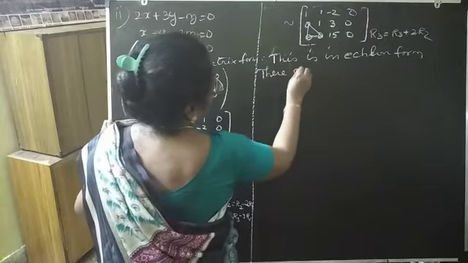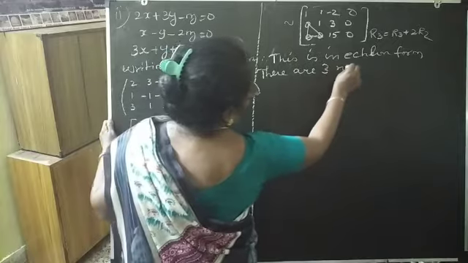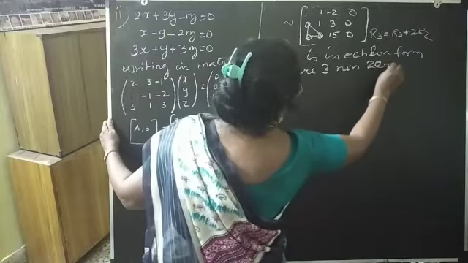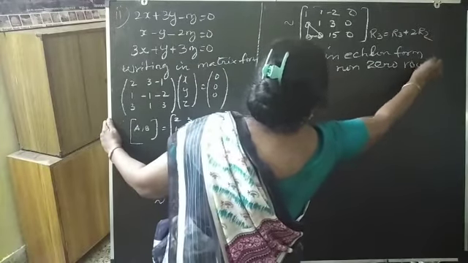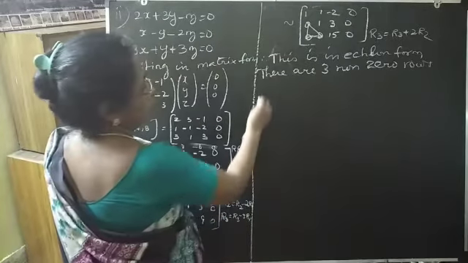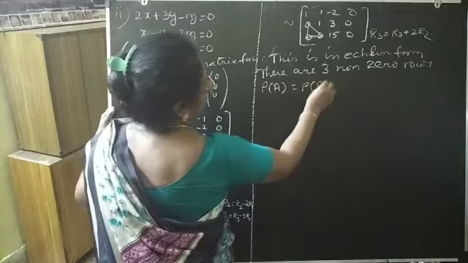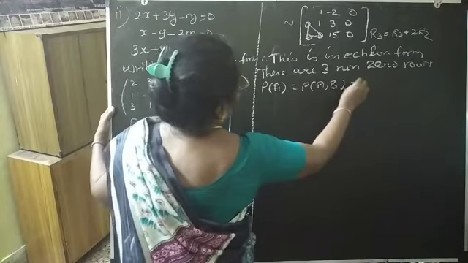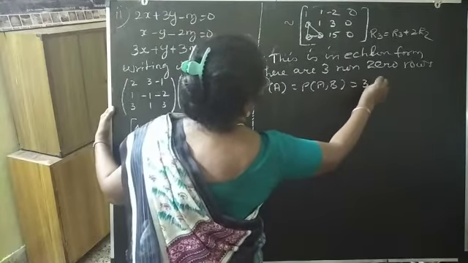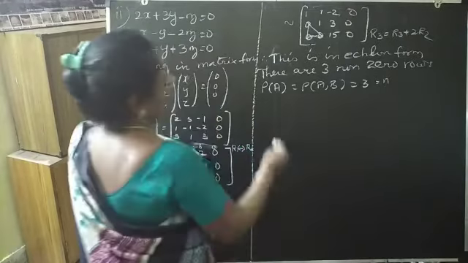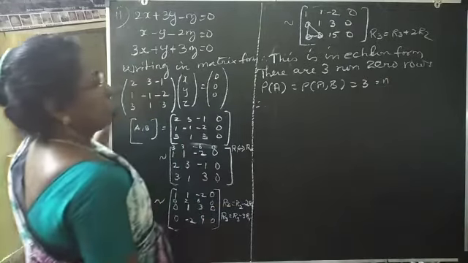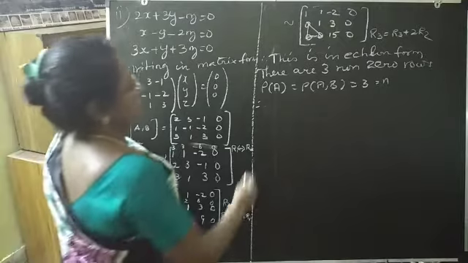There are 3 non-zero rows. As there are 3 non-zero rows, rank of A is equal to rank of AB, which is equal to 3, that is equal to n. Therefore, the system of equations has a unique solution.